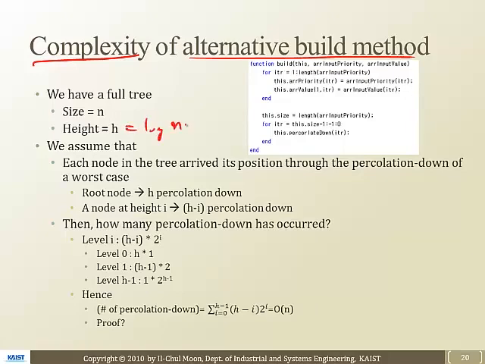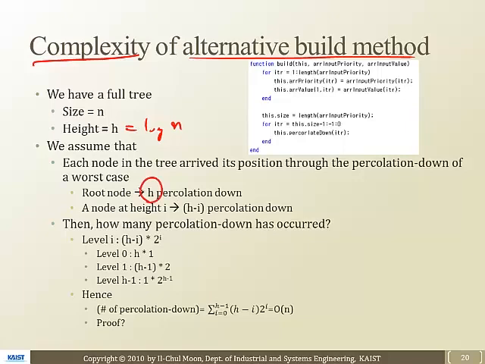Let's imagine. We assume that each node in the tree is positioned through the percolation down of a worst case, right? So one-time percolate up was constant, but there was consequent percolation down happening sometimes. And if that percolation down happens, the maximum percolation down operation is going to be h.